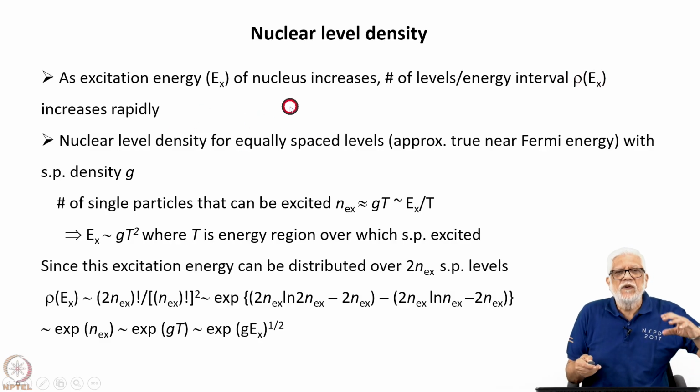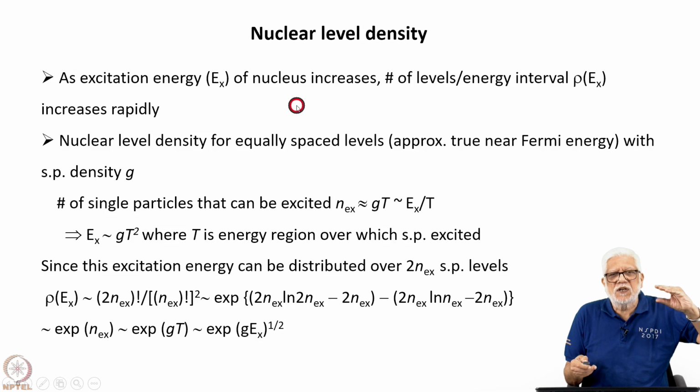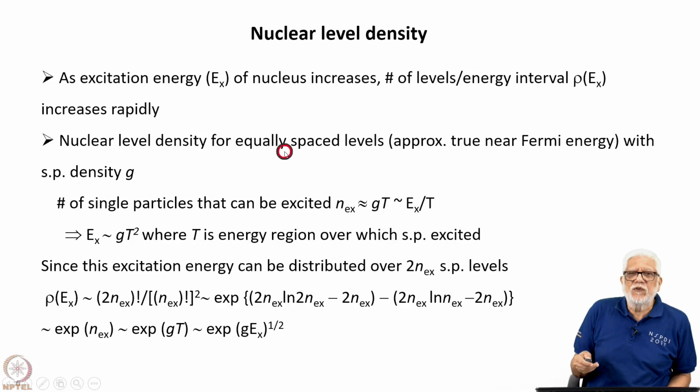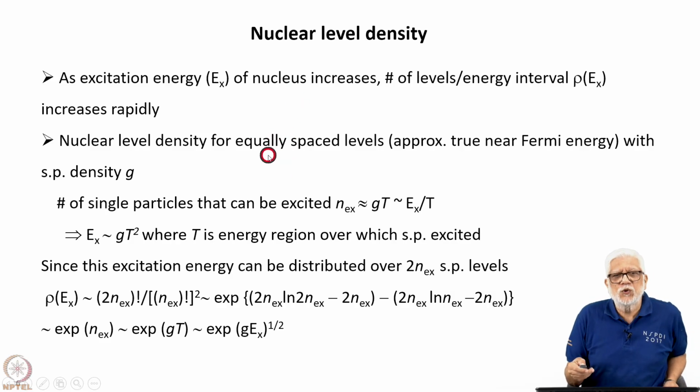Initially you have discrete levels, then the density of these discrete levels starts increasing. They come closer and closer as you go up in excitation, and ultimately they start overlapping, because the levels also acquire a width, so there is a large number of levels, but they overlap in terms of their energy.